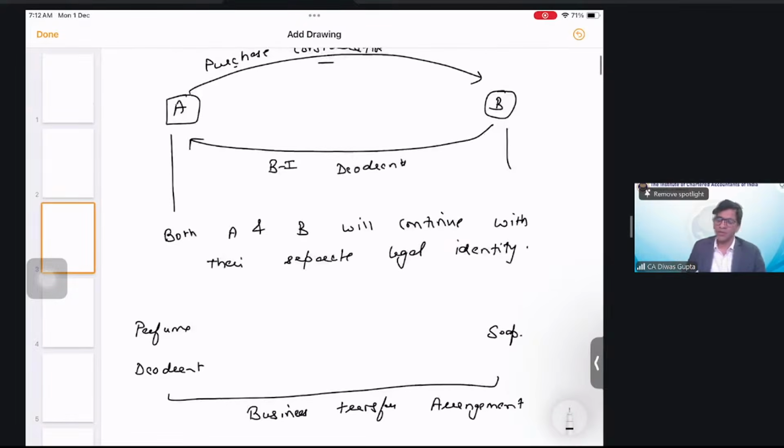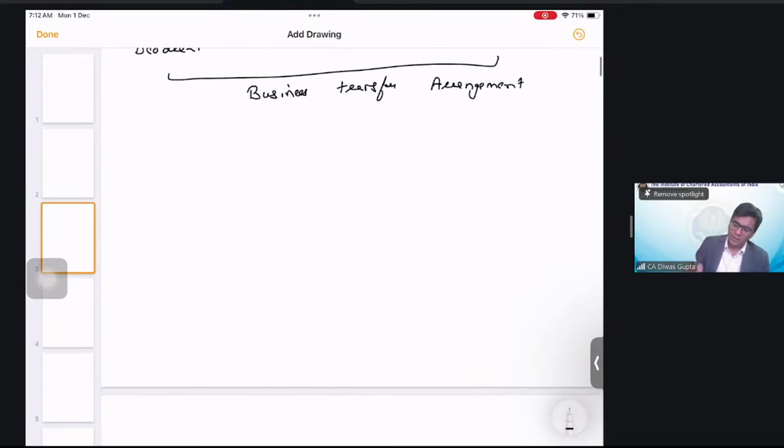Because in this you're only transferring the business, that's all. You're not transferring the company as a whole. Okay, students? Perfect. Then let's take our discussion ahead.